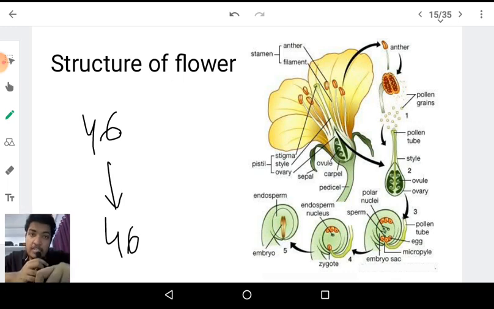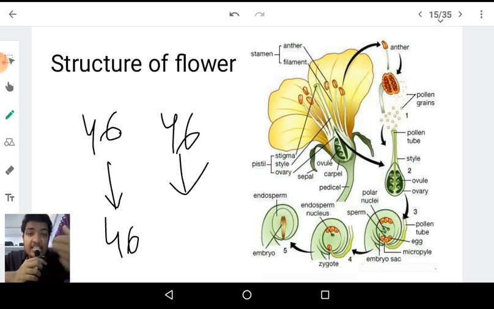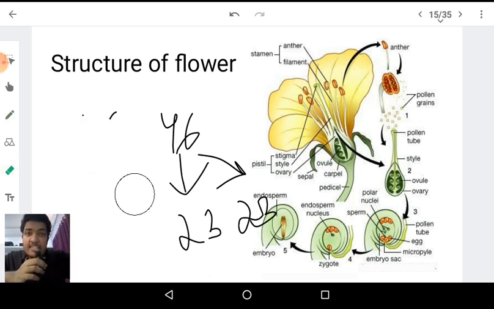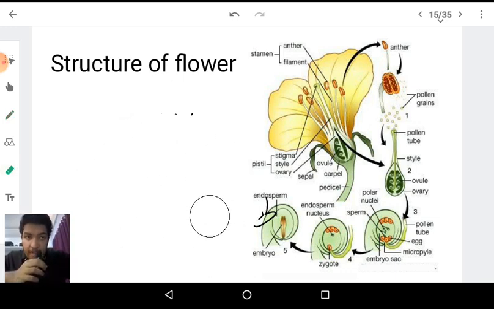The process is known as mitosis. However, when the cells present in the gamete mother cell divide, the 46-chromosome cell forms two cells with 23 chromosomes each. This process is known as meiosis, also known as reductional division. So gametes are formed as a result of reductional division, and that is the peculiarity of gametes.